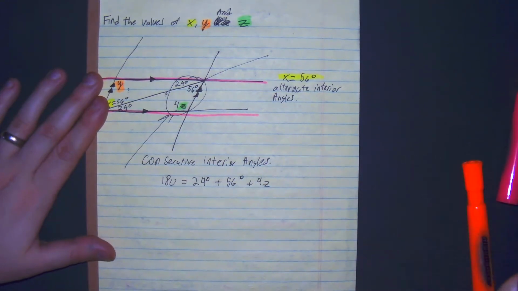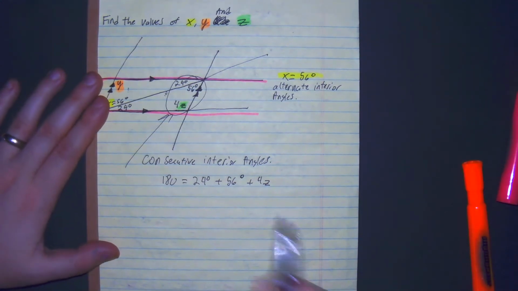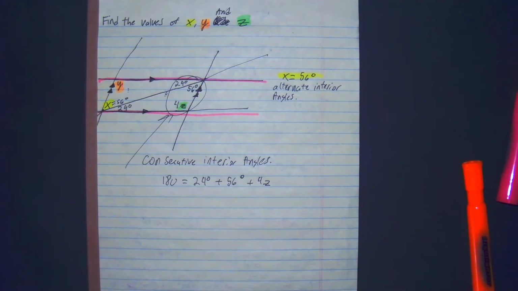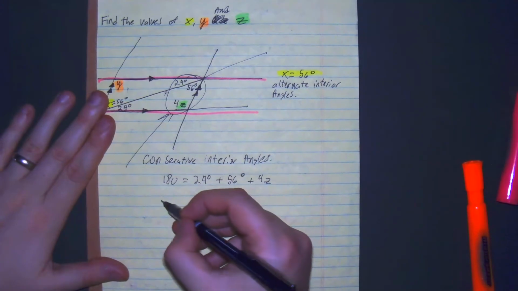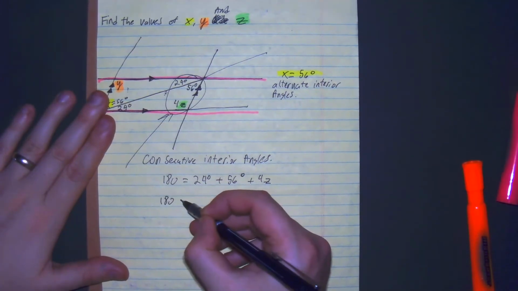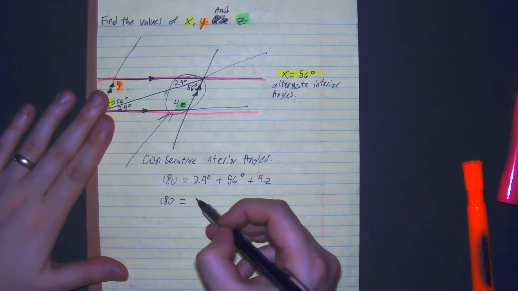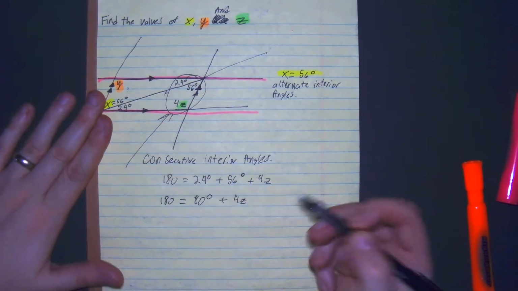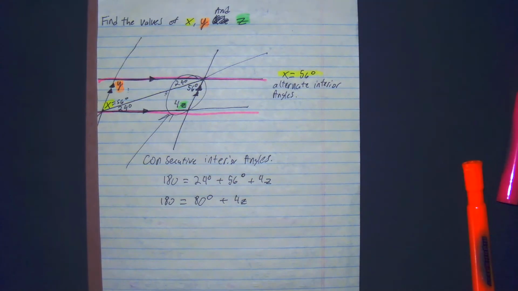Goal is to get the constants together. So what we have here, 24 plus 56 would give us 80 degrees plus 4z.